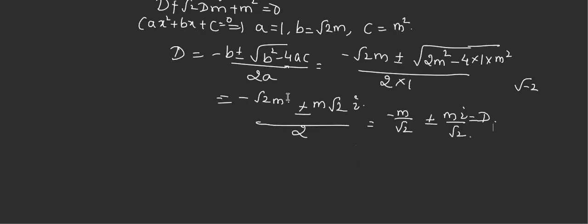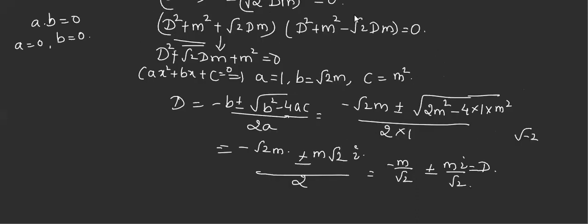I have got only 2 values. This is biquadratic, so I should get 2 more, correct? What is the second equation I have to equate? I have to equate this second bracket to 0. Also d square plus m square, or you can say d square minus root 2 d m plus m square equal to 0.